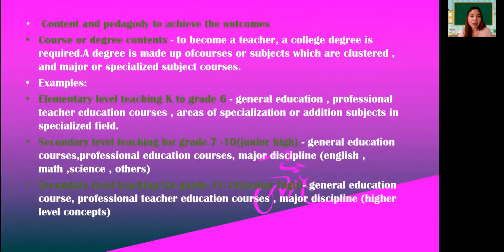Secondary level teaching for grade 7 to 10 or junior high: general education courses, professional education courses, major discipline: English, math, science, and others. Secondary level teaching for grade 11 to 12 or senior high: general education courses, professional teacher education courses, major discipline or higher level concepts.